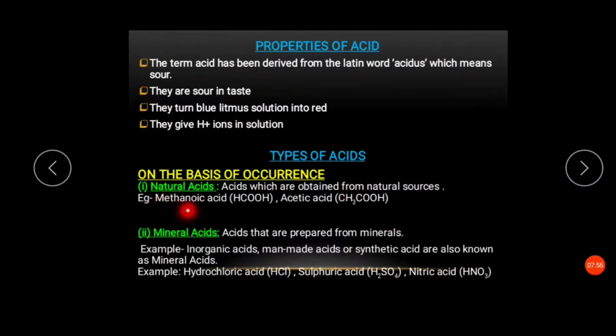Example: methanoic acid and acetic acid. Mineral acids are those acids that are prepared from minerals. They are man-made, okay? They are inorganic acids, man-made or synthetic acids, because they are prepared in laboratories and factories. Example: hydrochloric acid, HCl, sulfuric acid and nitric acid.